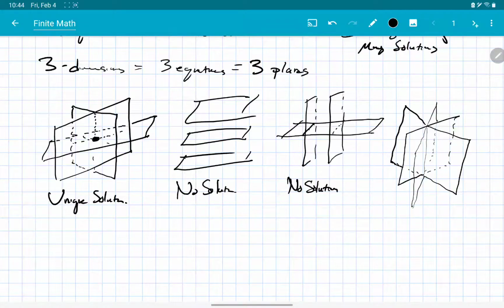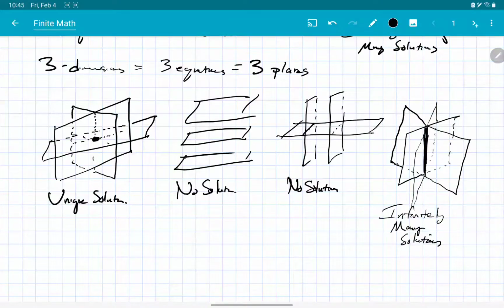This would be like, if you looked on that from above, you'd see an asterisk or a star. They're all coming together, but there's this line here is actually all of the solutions. So this is infinitely many. There's many things which are on all 3 planes. That's the geometry behind what's going on here, right?